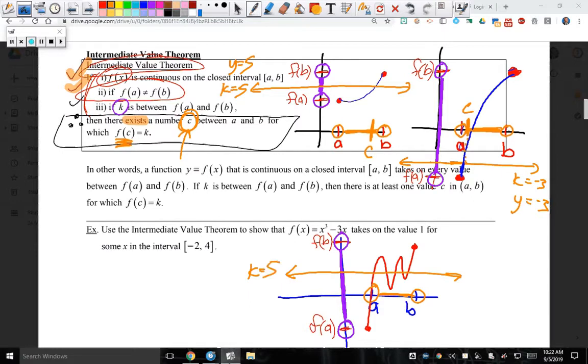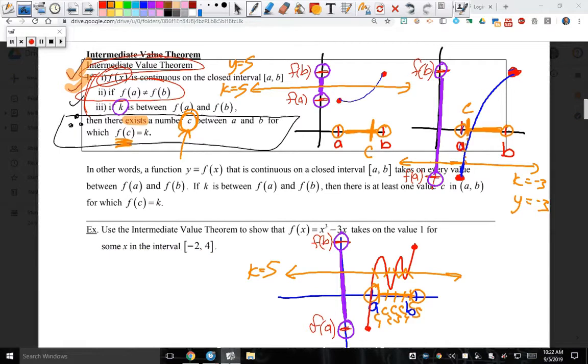Guys, how many C values between A and B would this satisfy? 5. 1, 2, 3, 4, 5. So you would have C1, C2, C3, C4, and C5. You with me?